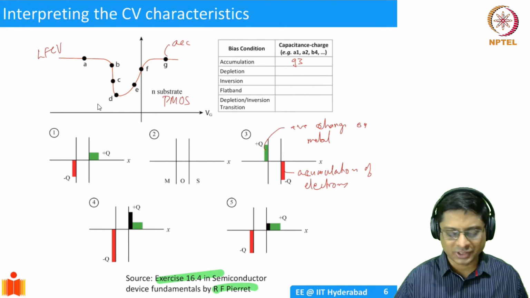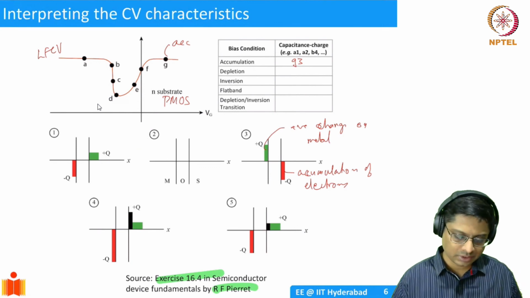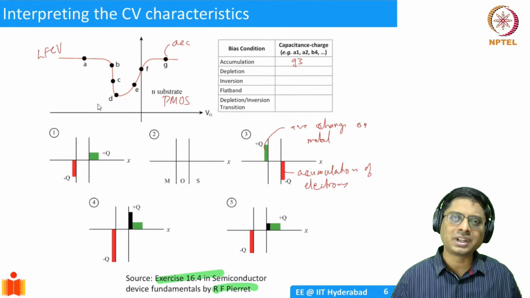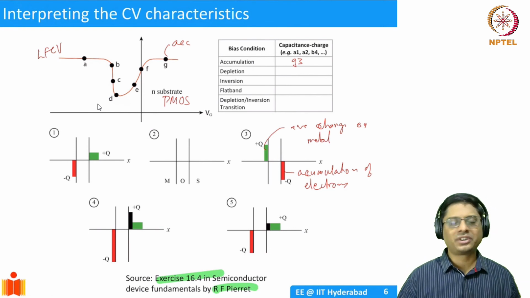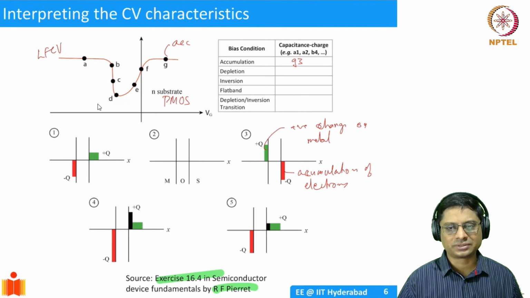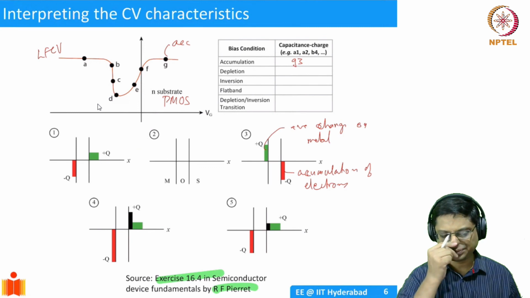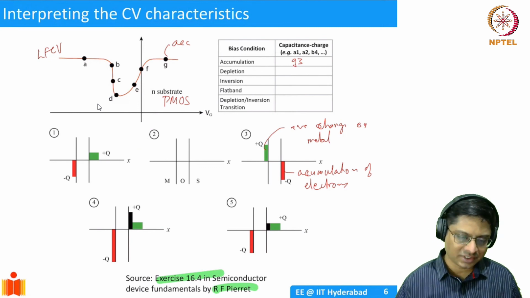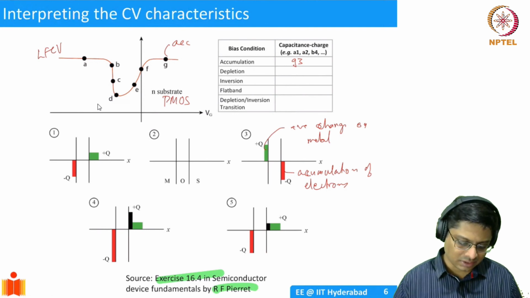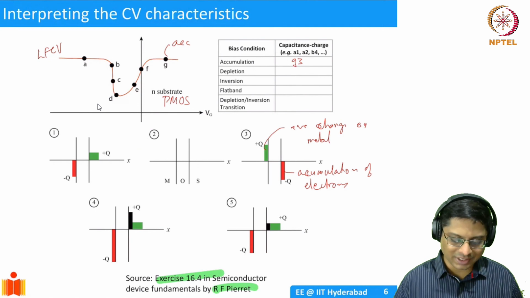So I have to match all of these points to the block charges. Depletion, how does depletion look? Well, in depletion, you're pushing away electrons, so you'll have positive charge, which is balanced by a negative charge on the gate. There's one more point that I have to discuss here.